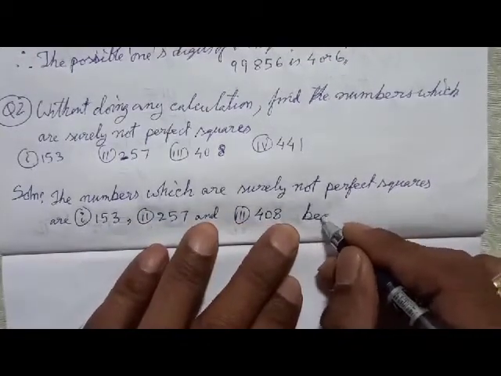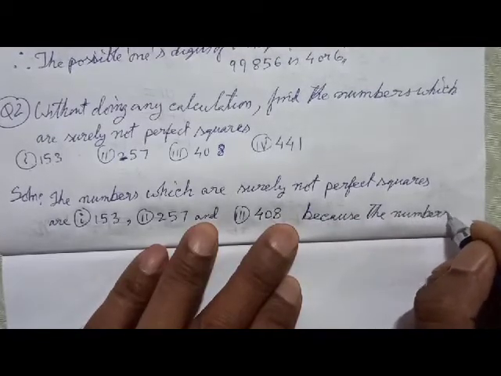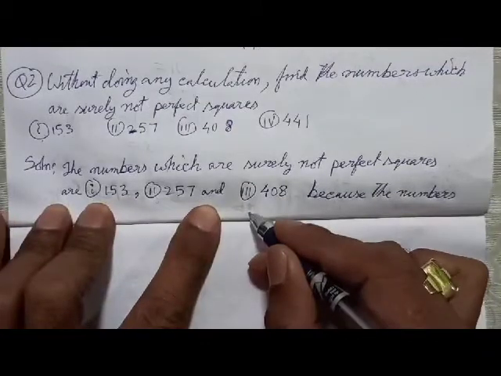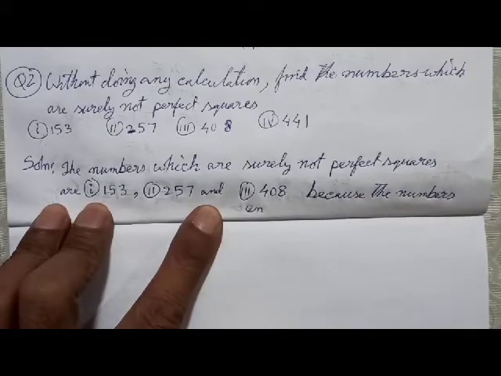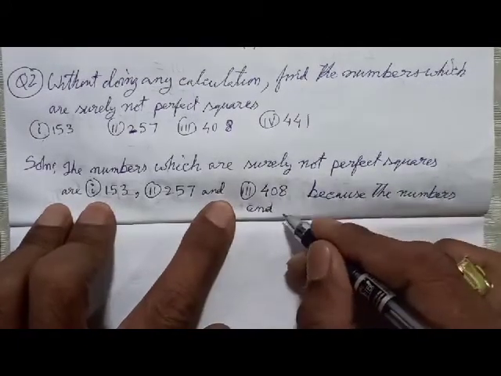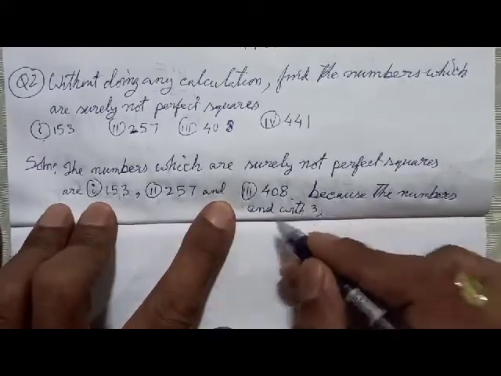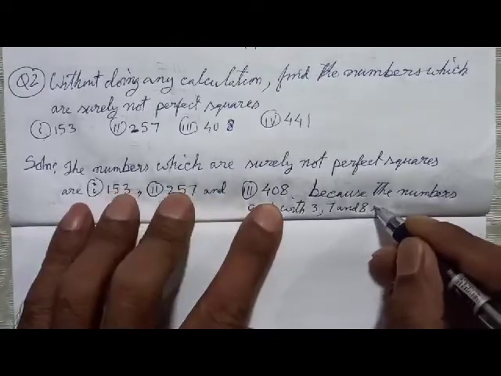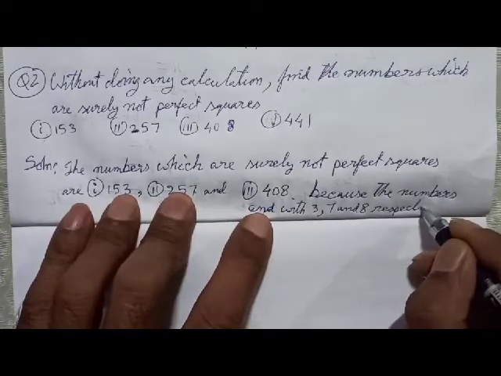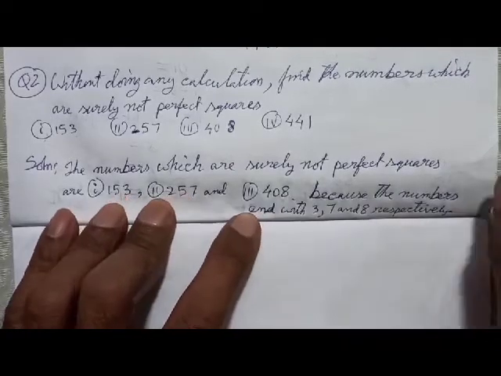Because the numbers end with 3, 7, and 8 respectively. Here this question is of understand or not.